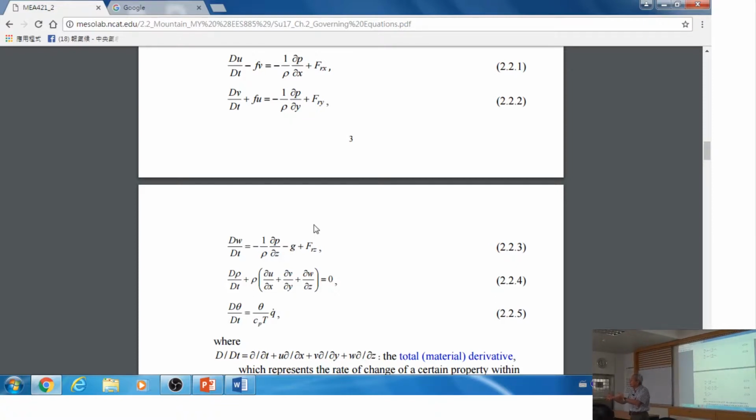When it's lighter, it's going to rise. When it rises, because the atmosphere is stratified, the pressure gets less and less in the environment, so this air parcel is going to expand. Once it expands, it cools down and becomes denser. So it comes down, and coming down, it is going to overshoot the original level.